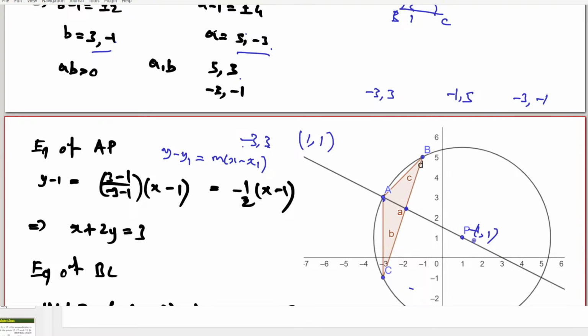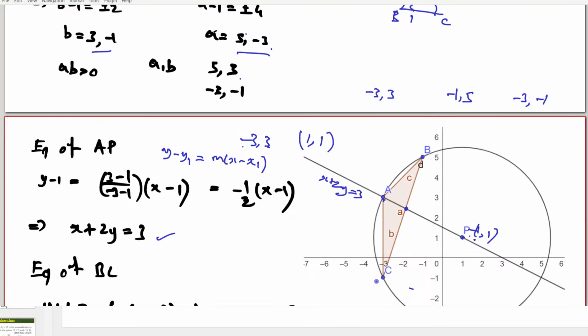The slope of this line we know, and it is passing through this point, so we can use any of these points. Here we are using 1 comma 1 as x1, y1. So we have found the equation of this line AP, which is x plus 2y equals 3. This equation, x plus 2y equals 3.